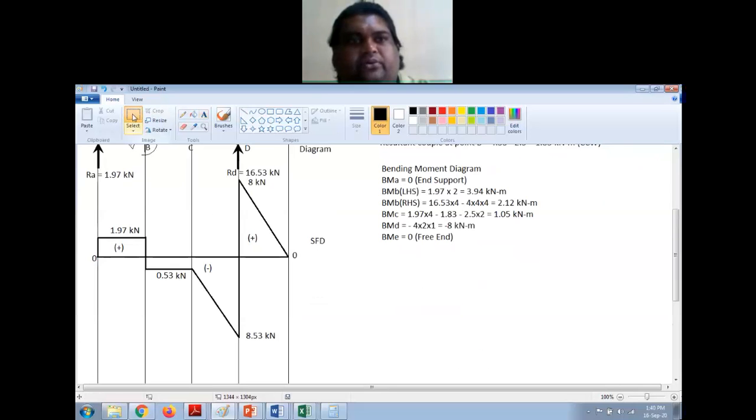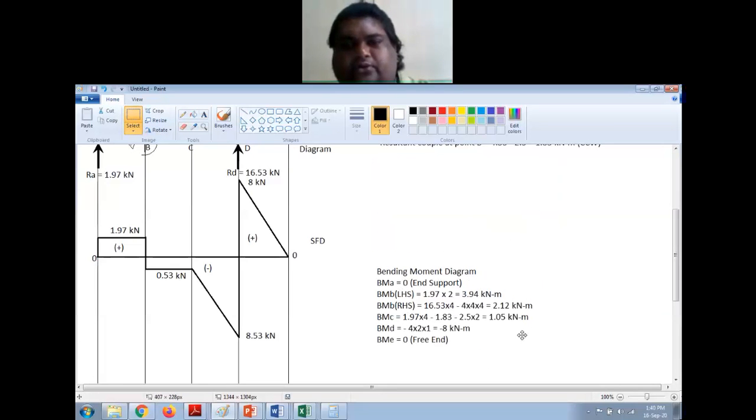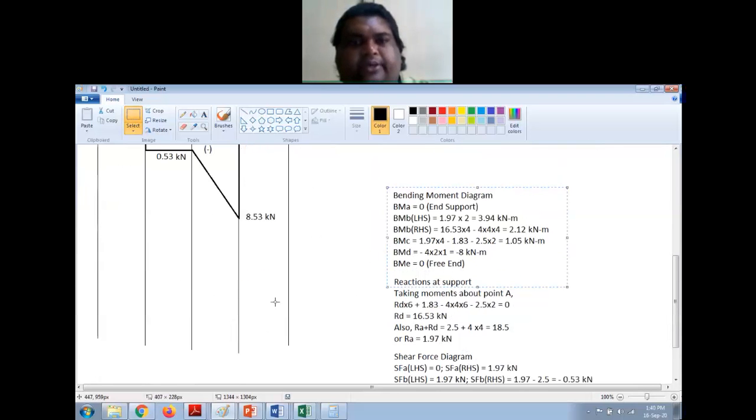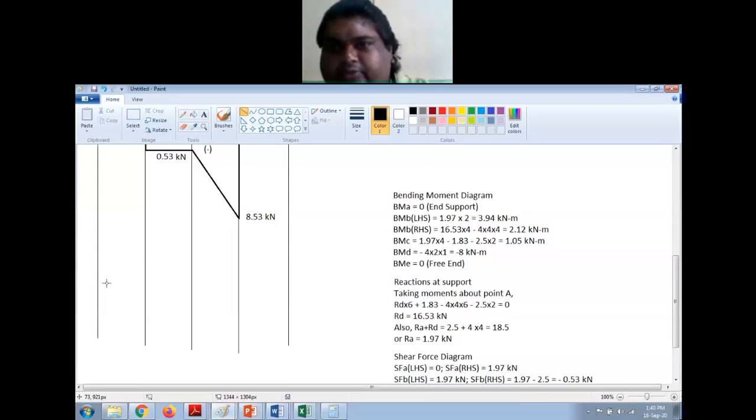So we'll have to locate the point of contraflexure also. Let us first draw the BMD, right? So take line, positive side, the maximum value is 3.9, right? So I will just draw a line like this.